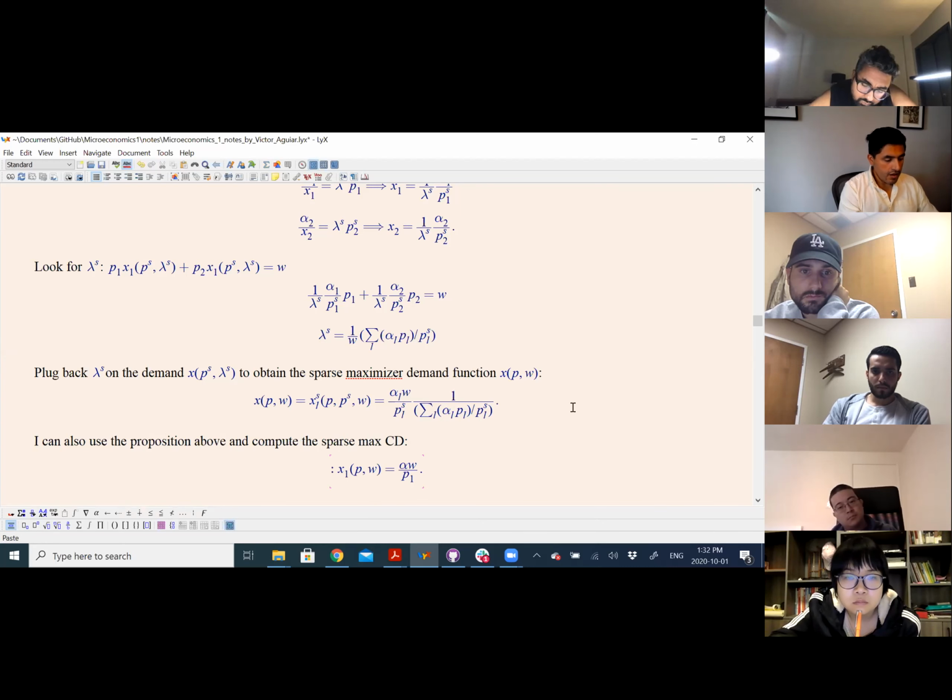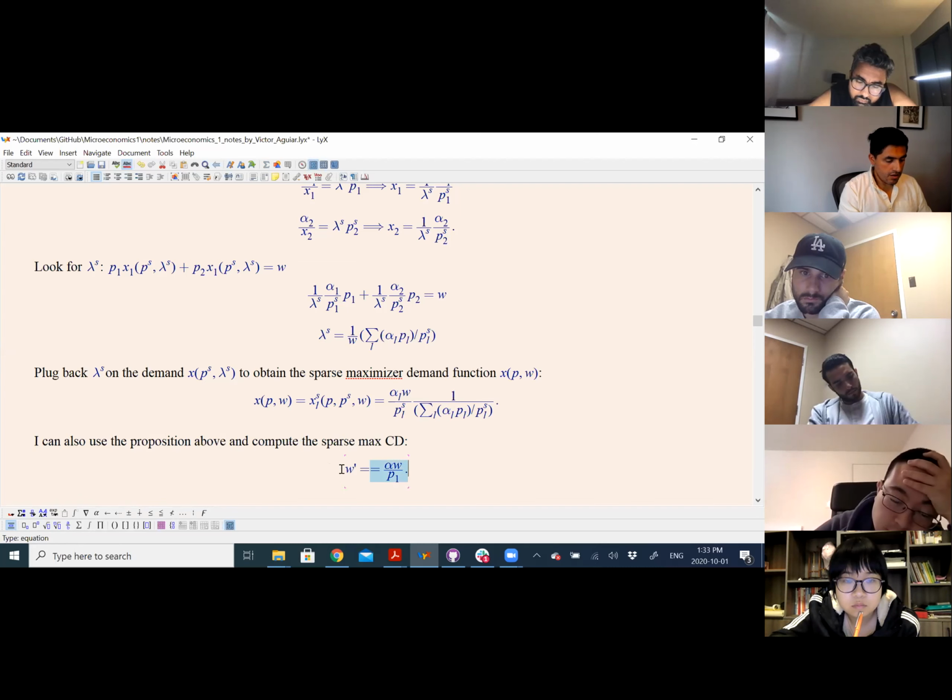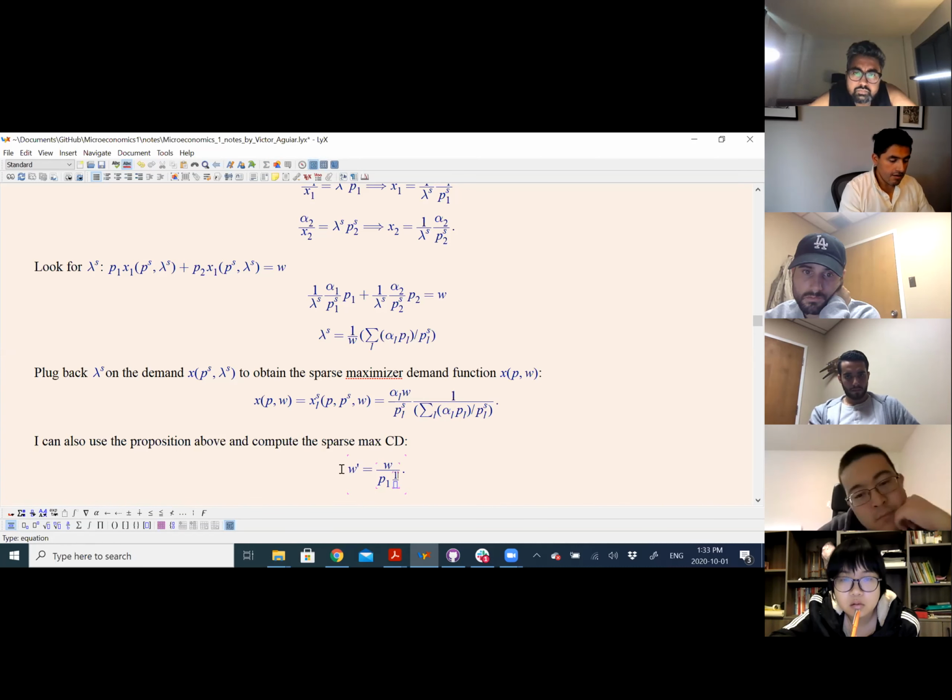So in particular, I can actually compute this corrected income, which is equal to the true income divided by the inner product of P and the Cobb-Douglas demand at income 1, with alpha, because that's the Cobb-Douglas: P1S, this is for alpha 1, of course. And then the same thing for P2.